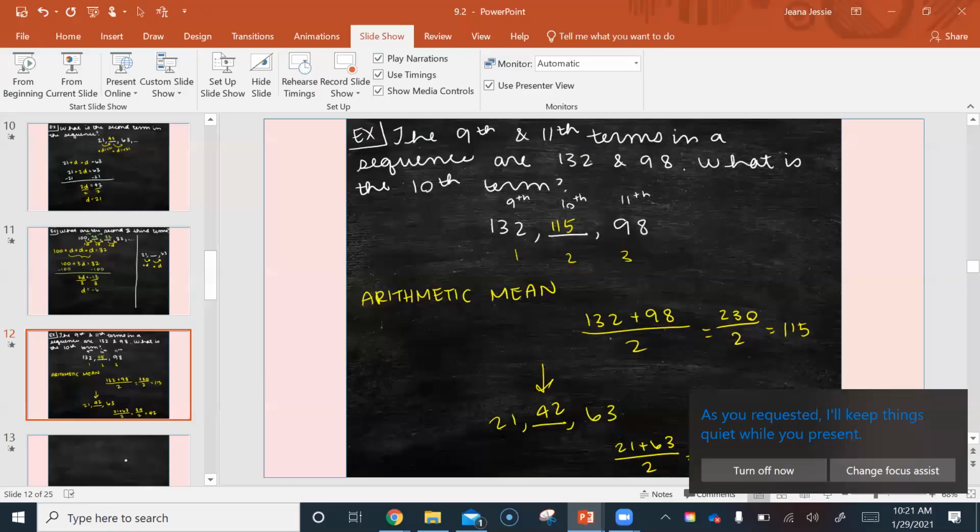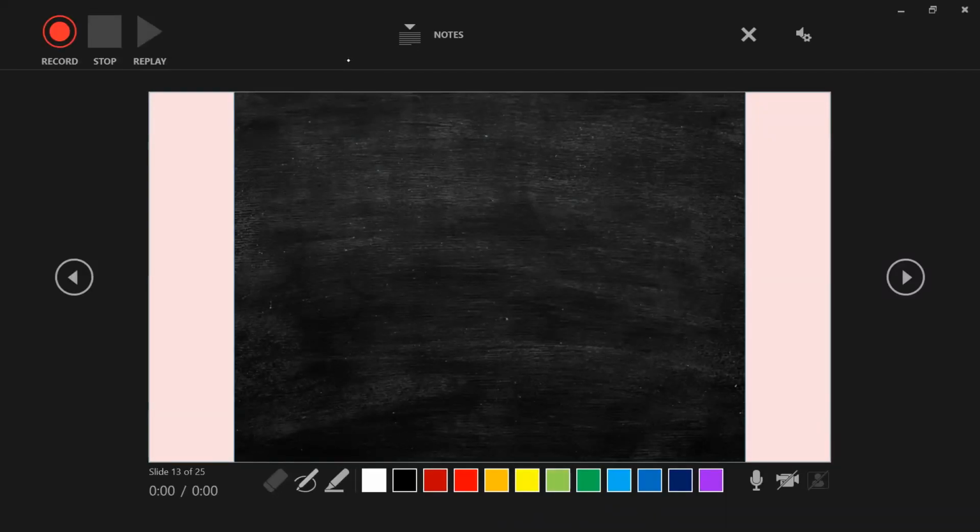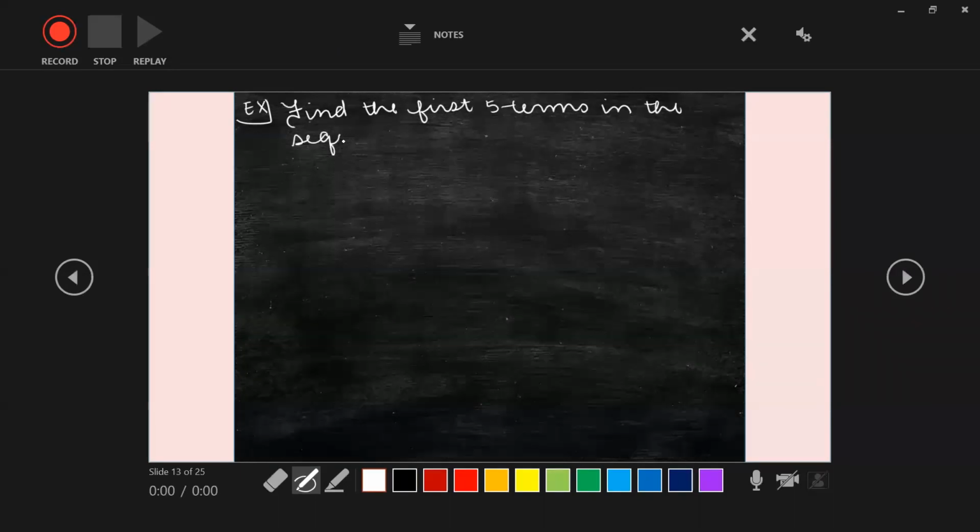Yeah, let me get back to this. I would like to have you guys refresh on one of our examples from yesterday. So I want you to solve this problem. I want you to find the first 5 terms in the sequence, given a sub 1 is equal to 2.